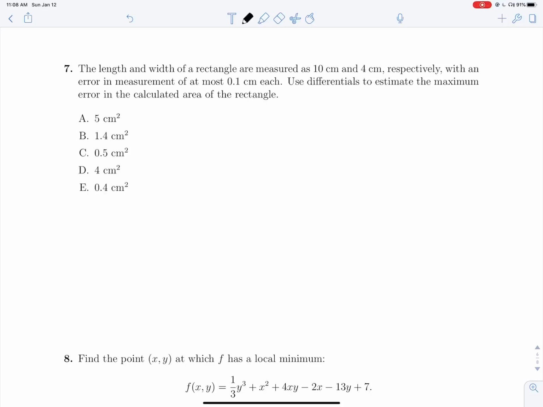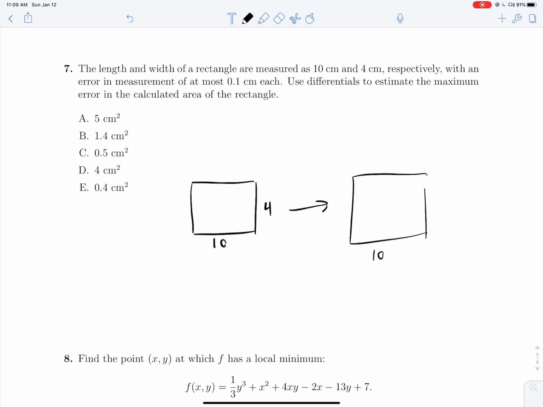You can either recognize that as side length increases linearly, area increases exponentially, and what that pretty much means is that we're going to get the maximum change in error if we go from, let's draw this out, 10 by 4 to 10.1 by 4.1.